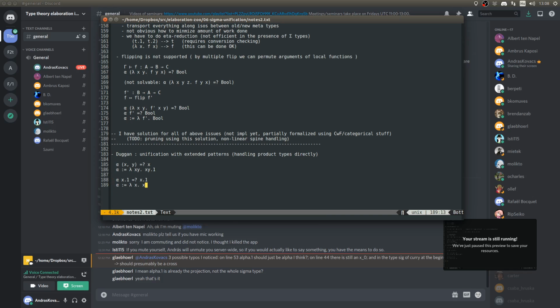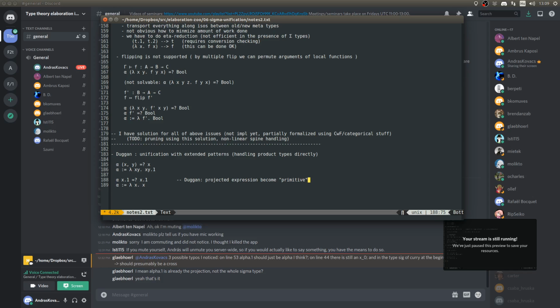Okay, but then I haven't looked at it very carefully. I only skimmed it, but it seems a bit ugly. And the source of the ugliness is that now I have to treat these projected expressions as some kind of primitive things. So projected expressions in this Duggan unification become primitive.